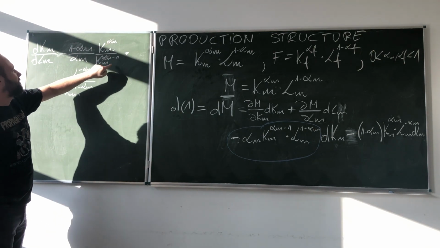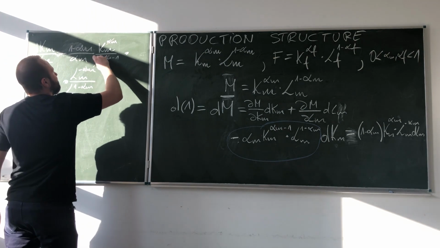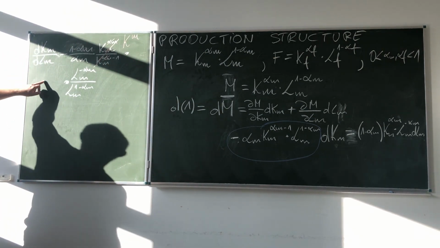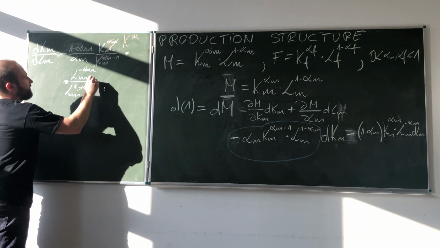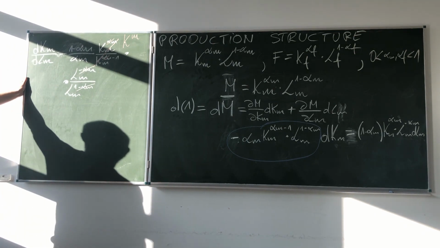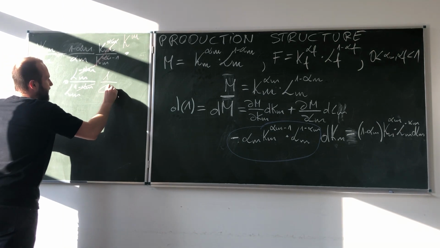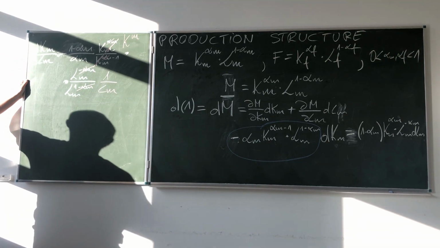So we get km to the power negative 1, or simply km. Here, negative alpha m cancels out, so we get 1 over lm. Right?